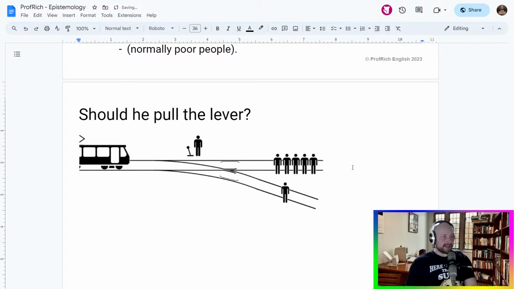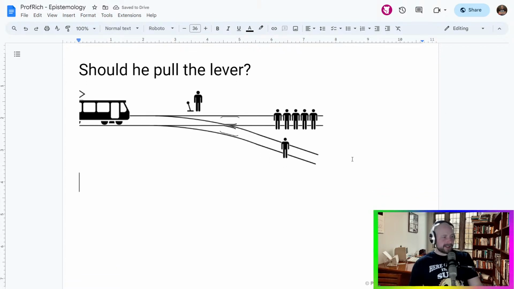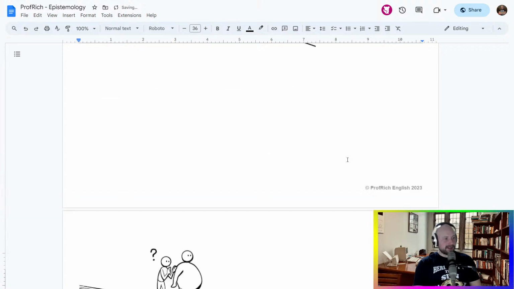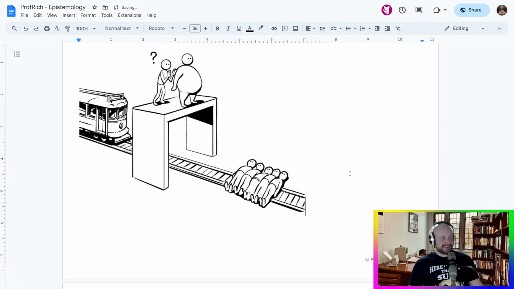You can find these on the internet. So situations like that, where if I pull the lever, then I am a murderer, and if I don't pull the lever, then 5 people will die. So that's a situation. You can also get rather amusing variants on this situation, like this.